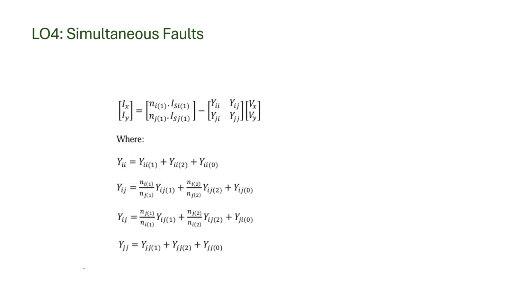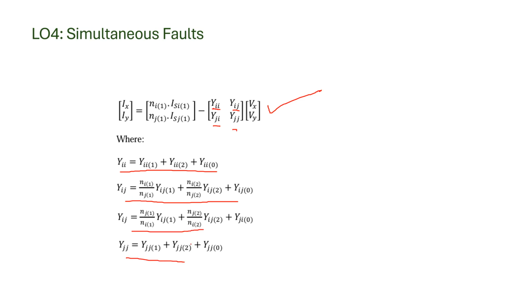Now if we add A, B, C, then we will get this final equation over here. This addition I will not do, please take care of it yourself. Ultimately you will get Yii like this, Yij like this, Yji like this, and Yjj like this.